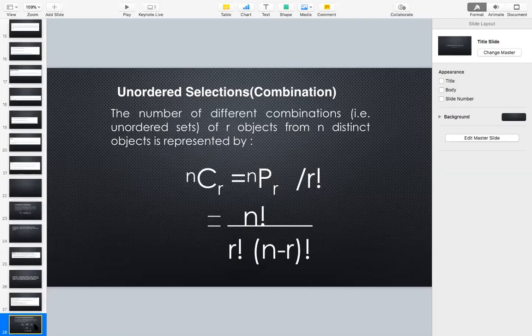In permutations, we do arrangement where order is important. In combinations, we do only selection where order is not important.